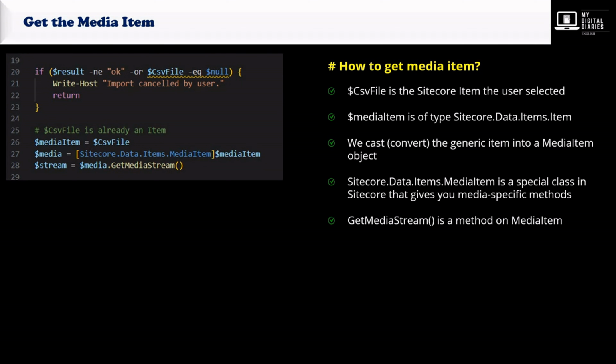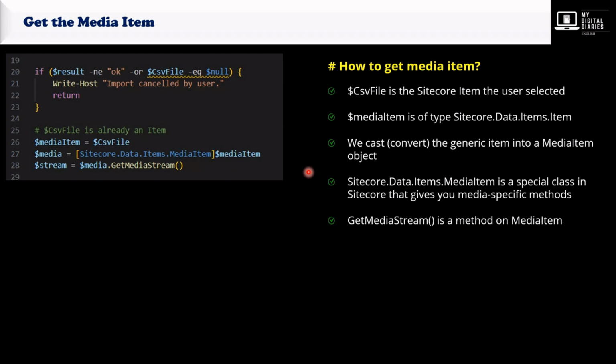So the important steps here: first, the CSV file variable is the Sitecore item that the user has selected. Then the media item is of type Sitecore.Data.Items.Item, right? So we need to cast this generic item to a media item object.